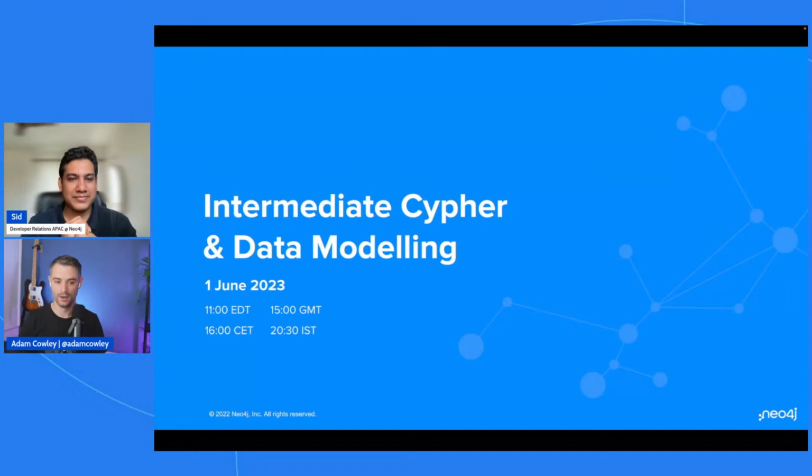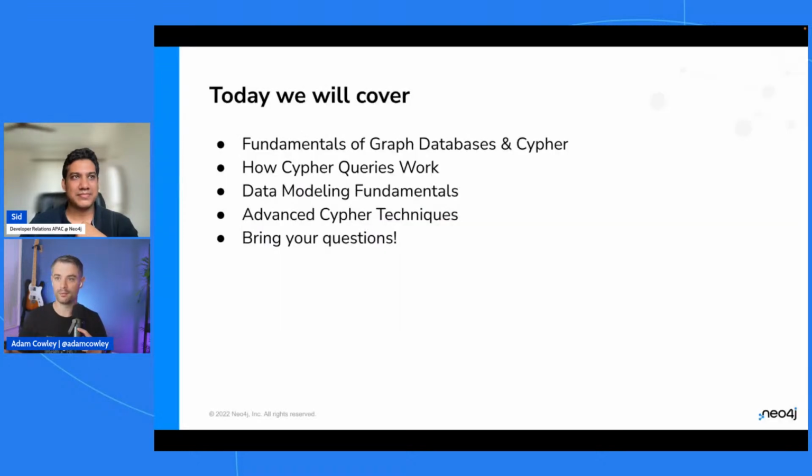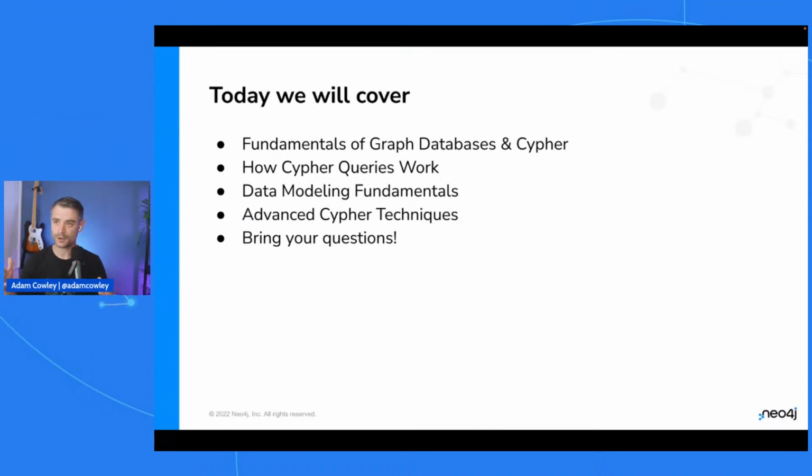We're going to go into Cypher in a little bit more detail, and we're going to look at some of the ways that we model a graph database. I'm going to start slow so we can go fast. Firstly, we'll cover the fundamentals of graph databases and Cypher, so we're all on the same page and talking the same language.